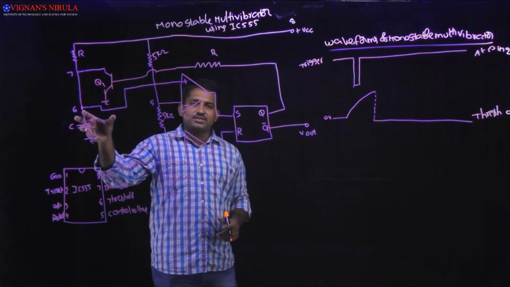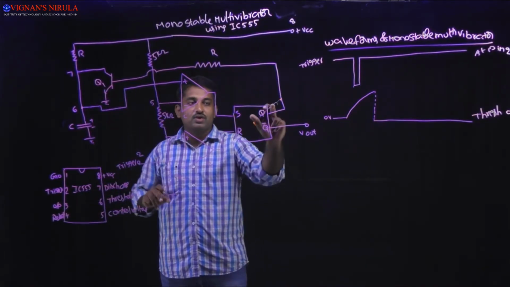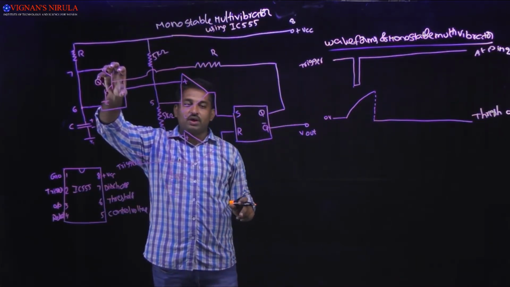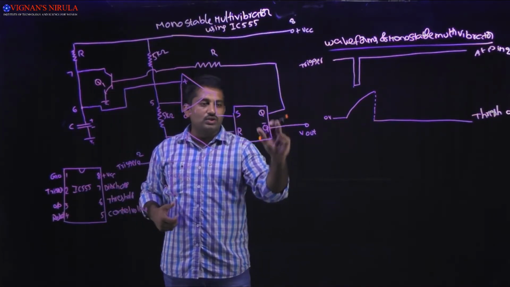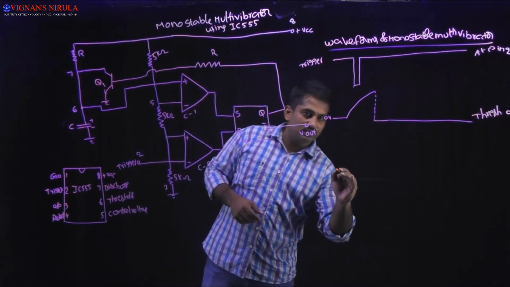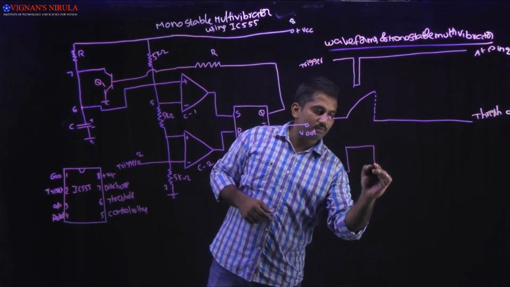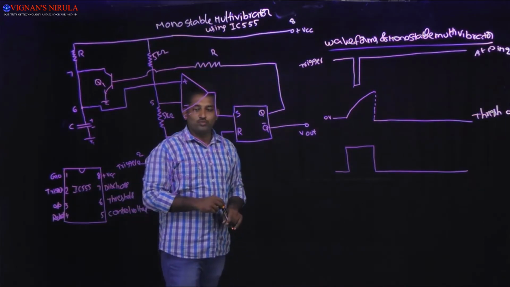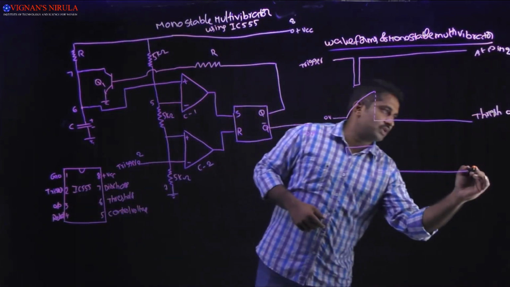When the capacitor is charging, you have to remember that when Q is equal to 0, this transistor will be off, then the capacitor will be charging. When Q is equal to 0, what happens to Q bar? Obviously, Q bar will be 1. So it generates a positive pulse at the output, and we get that positive pulse at pin number 3.